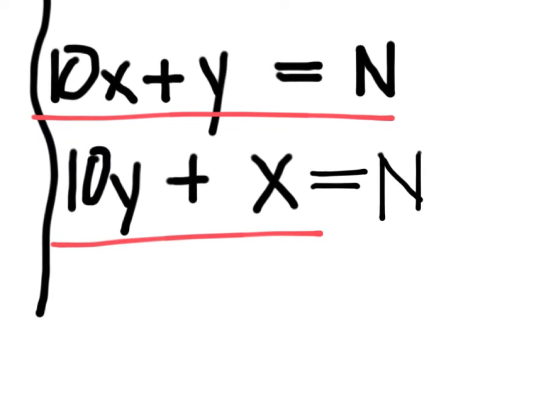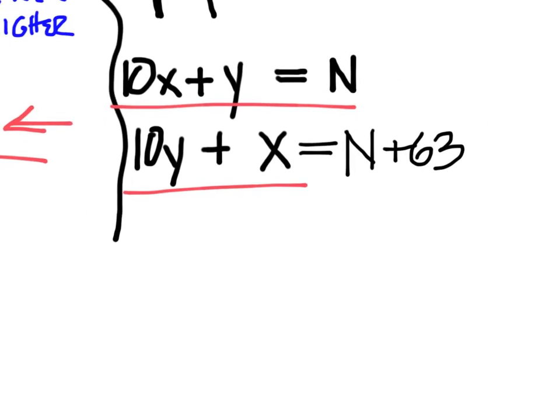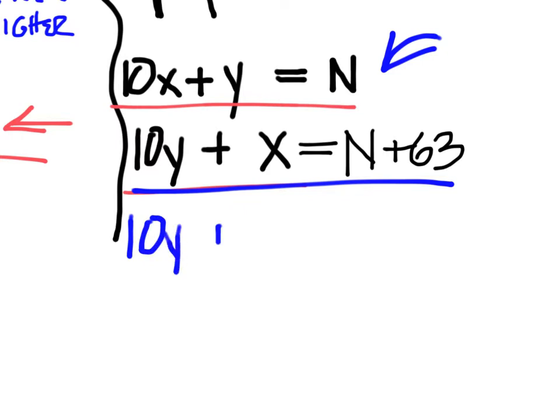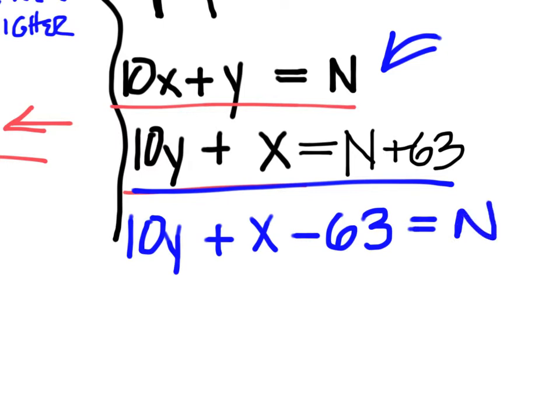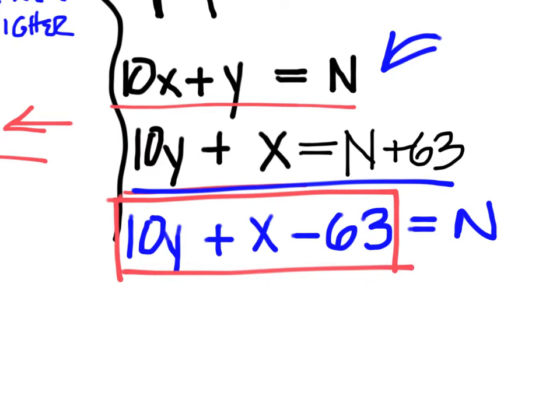What would I have to add to n, the old number, to make it equivalent to that? 63, yeah. Okay. Now, you want to get this one completely in terms of n, just like this one is. 10y plus x, and move the 63 over to the left. So you have this that is equivalent to n, and you have this that is equivalent to n.